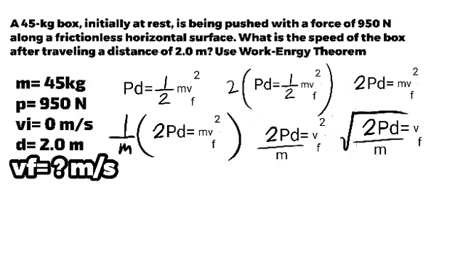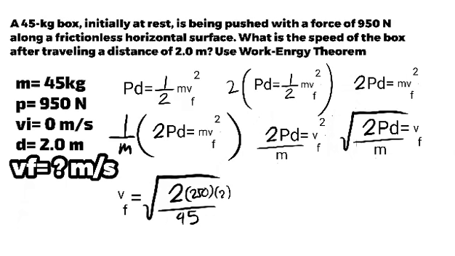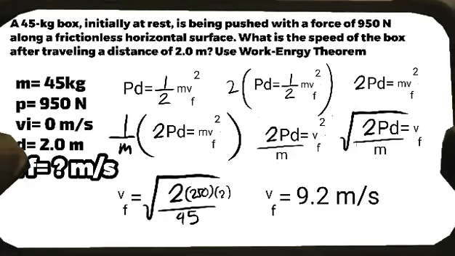Now we replace those variables with their numbers. The final velocity is the square root of 2 times 950 times 2 over 45. When we calculate that, we get vf equal to 9.2 meters per second. So the final answer is that the final velocity is 9.2 meters per second.